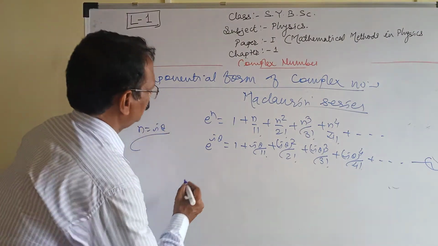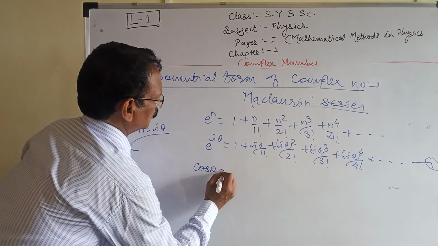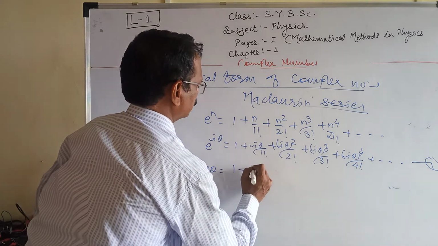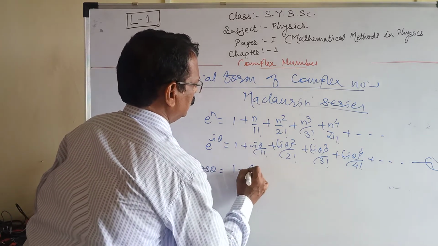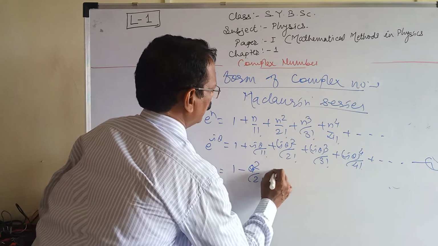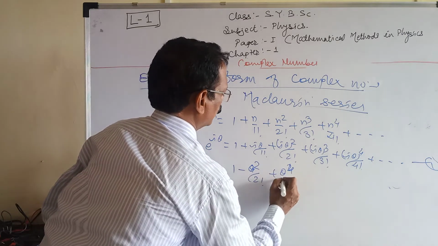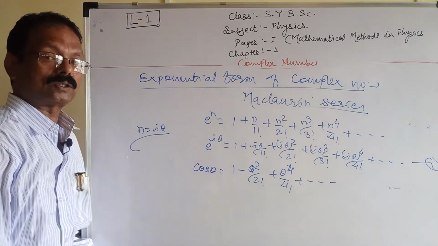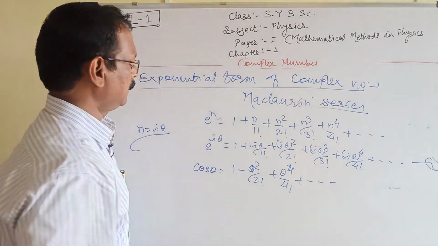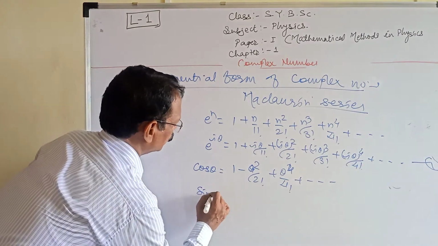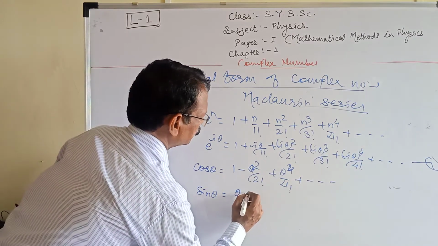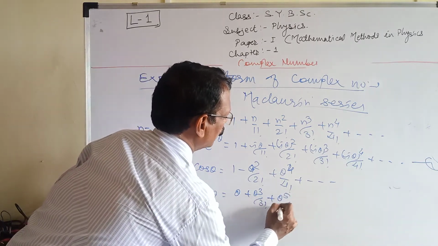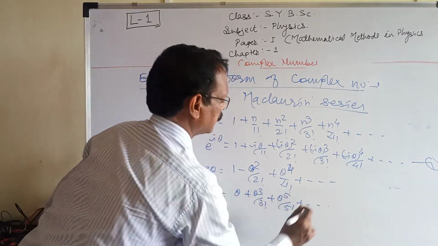We know what the expansion of cos theta is: cos theta is equal to 1 minus theta square upon 2 factorial plus theta raised to 4 upon 4 factorial minus so on. And the expansion of sin theta is theta minus theta cube upon 3 factorial plus theta raised to 5 upon 5 factorial minus so on.